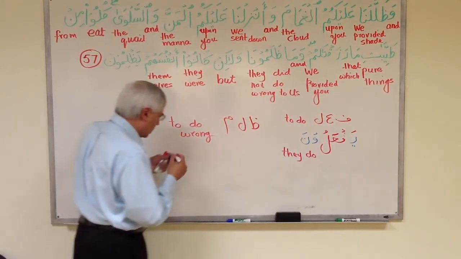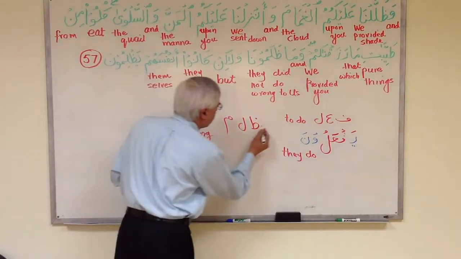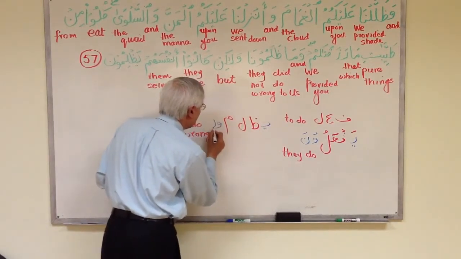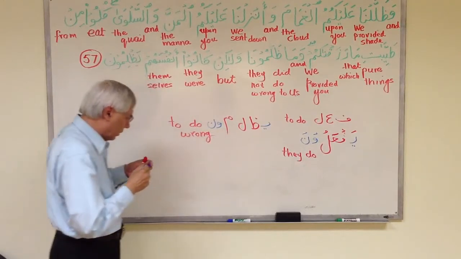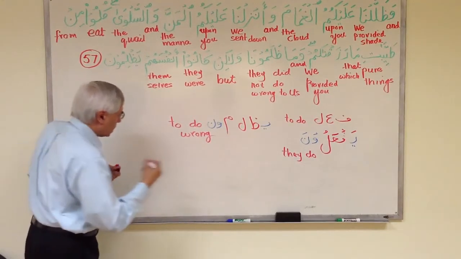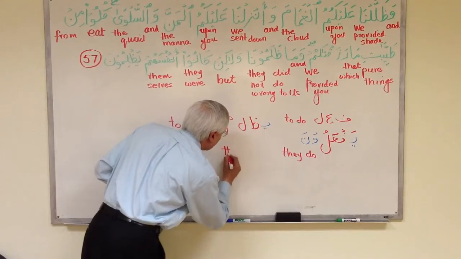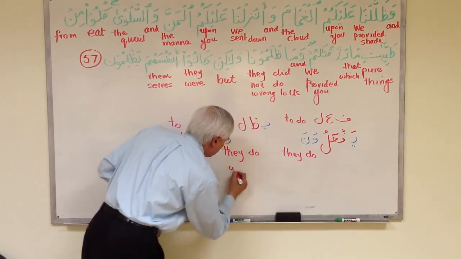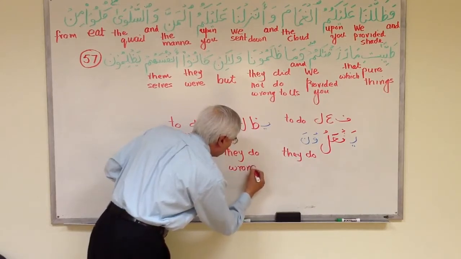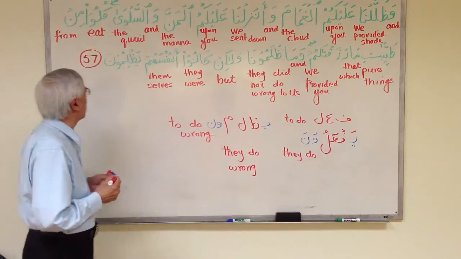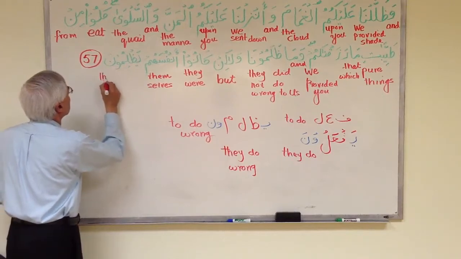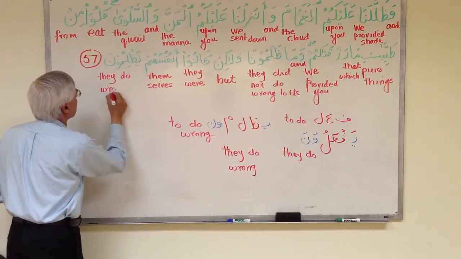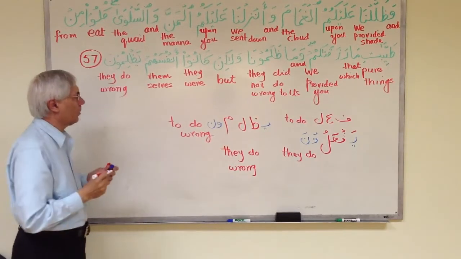So yazlimuna, ya in the beginning and una at the end. The meaning will be they do wrong.